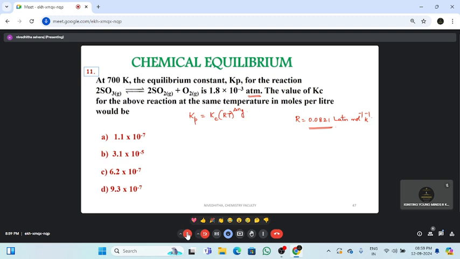Please substitute it and come up with the value of Kc. What is the answer?